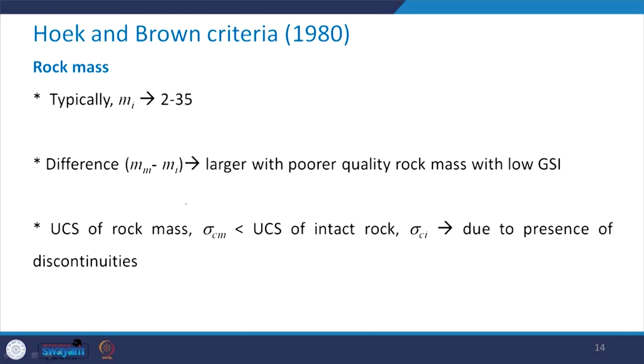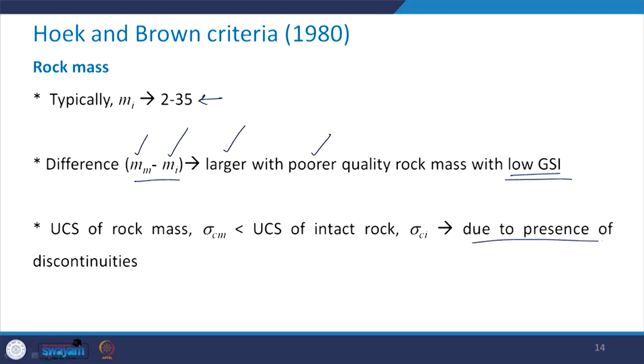Typically this mi is going to be in the range of 2 to 35. This difference between parameter m for the rock mass and for the intact rock, which is mi minus m_b, is larger with the poorer quality rock mass which has a low value of GSI, that is geological strength index.